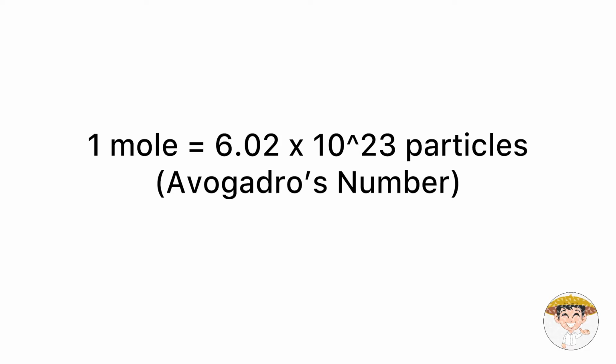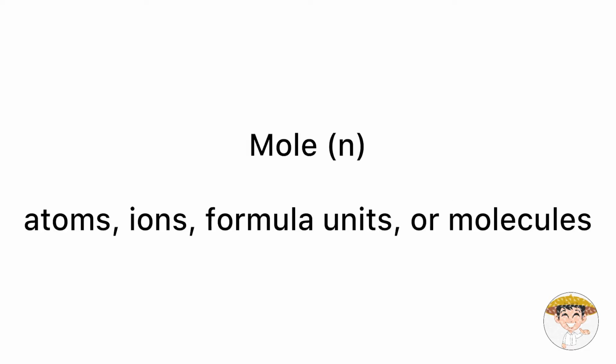So a dozen is a collective term for 12 fruits or 12 eggs, whereas a mole, indicated by small letter n, is a basic measuring unit used to count numbers of particles such as atoms, ions, formula units, or molecules. So we have here 1 mole, indicated by n, is equal to 6.02 times 10 raised to 23 particles. Particles is its unit, so may it be atoms, ions, formula units, or molecules.